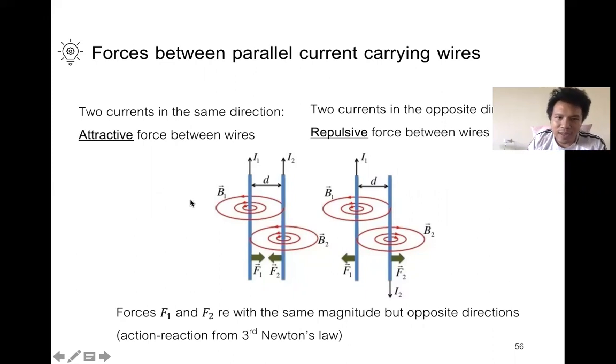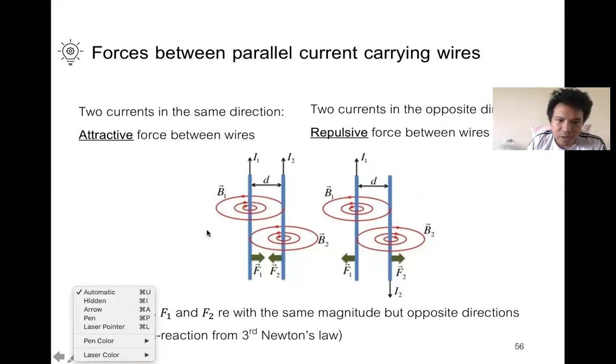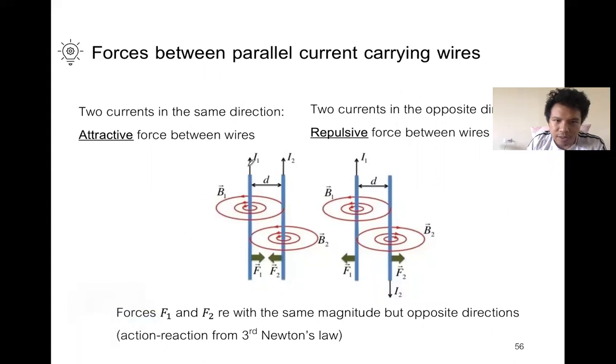This happens because, if we consider I1, it will create the magnetic field B1. And with magnetic field B1, from Ampere's law, we have mu 0 I1 over 2 pi d, right?